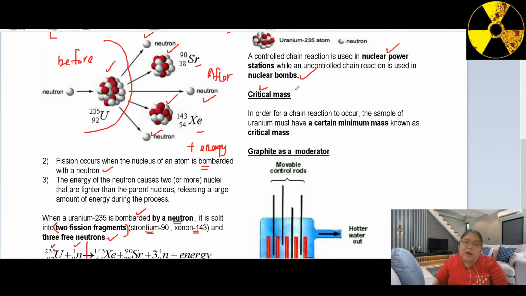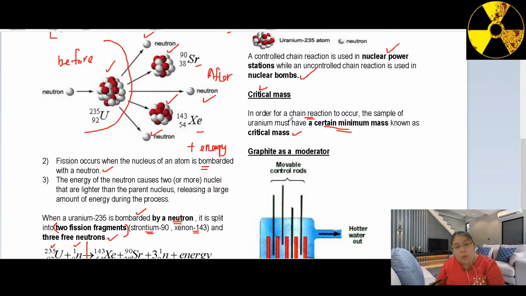So now we're talking about the mass, critical mass. In order to have a chain reaction, which I just explained, the sample of the uranium must have a certain minimum mass. We call it critical mass. Not every sample of uranium can have a chain reaction.